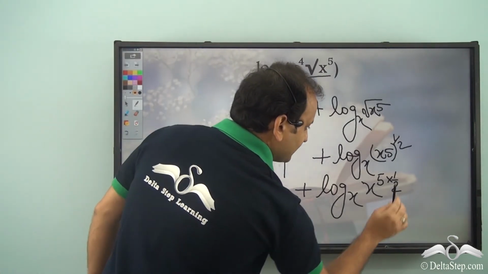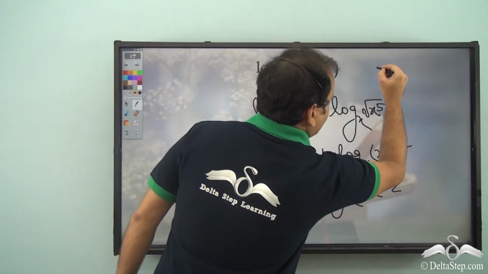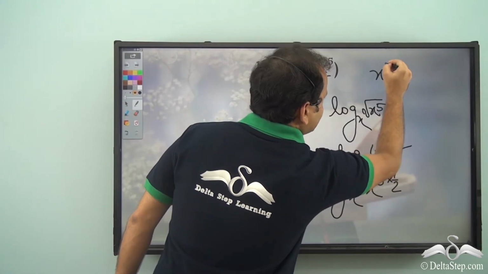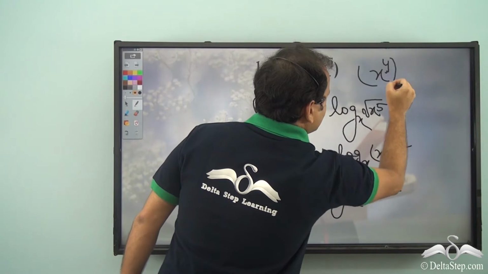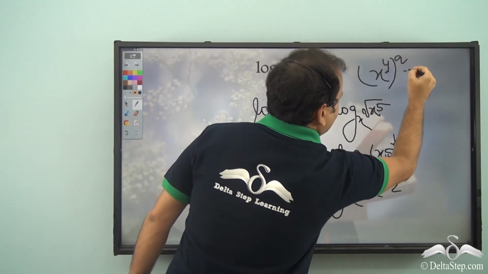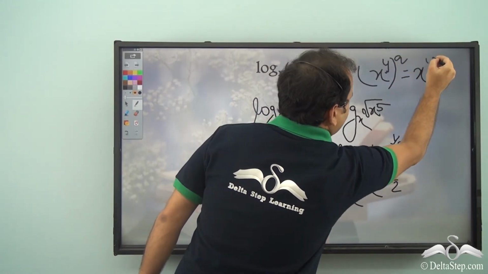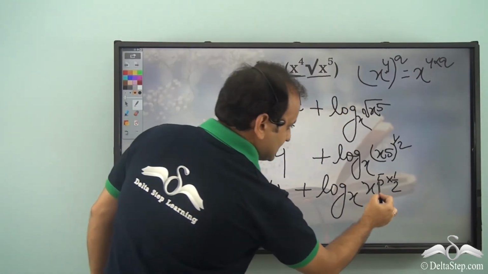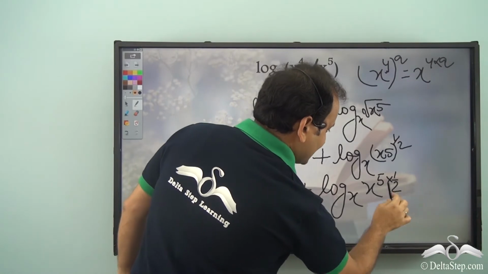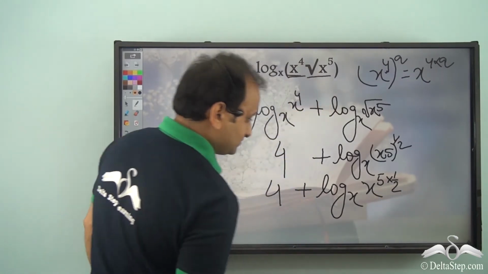Now how did we arrive here? Well, we know from exponents that if something is x to the power of y to the power of a, then you can write it as x to the power of y into a. So similarly, we solved this and we found it is 5 into 1 by 2.